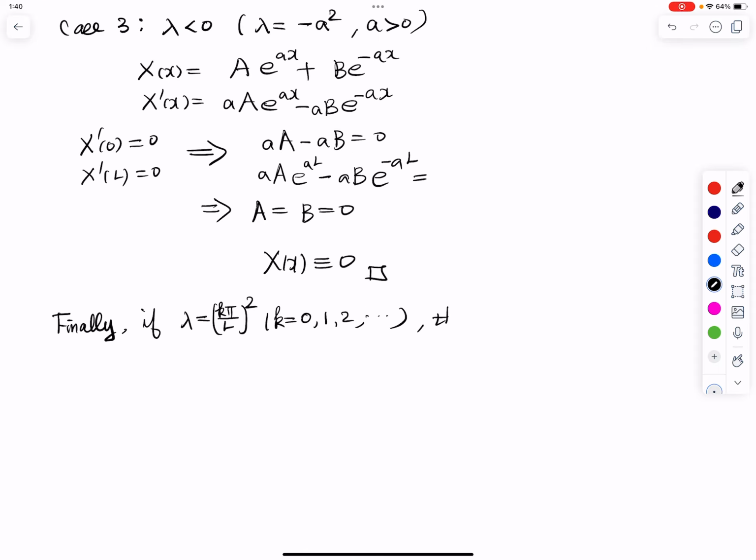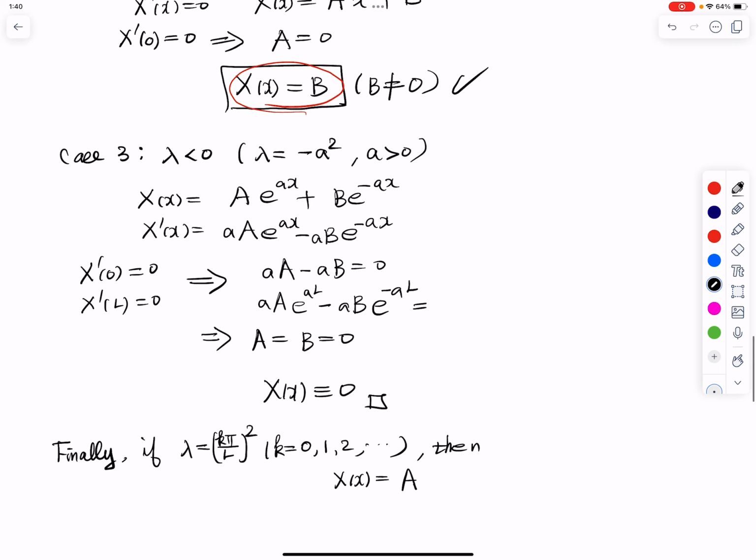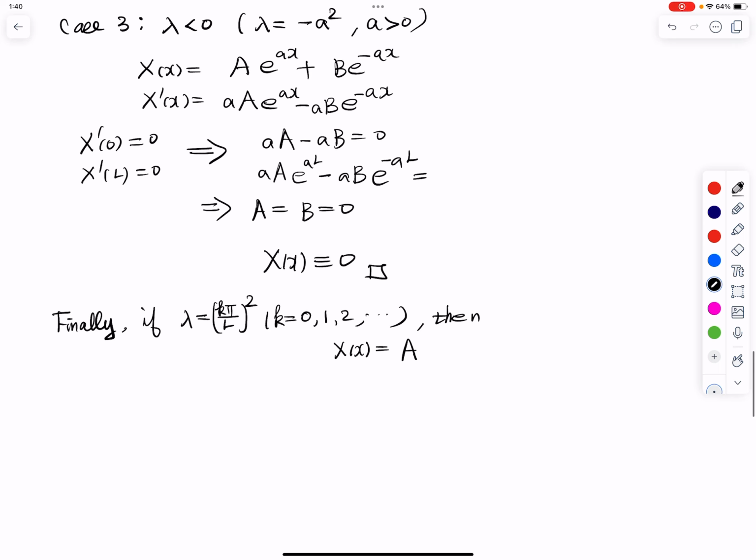Then x(x) becomes a, where I remove the constant and take the constant to be 1, times cosine k pi x divided by L. If k equals 0, the whole thing becomes 1, right?